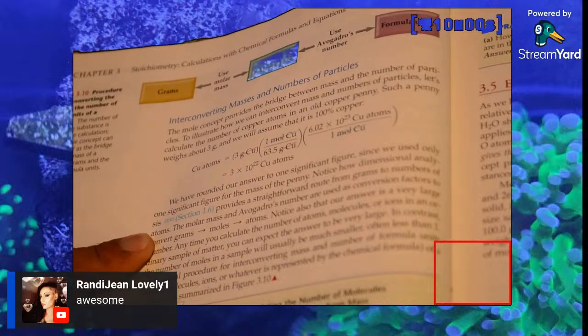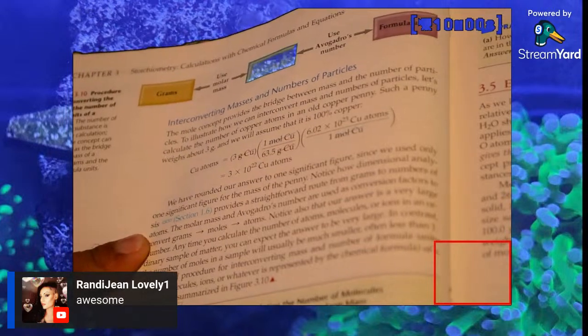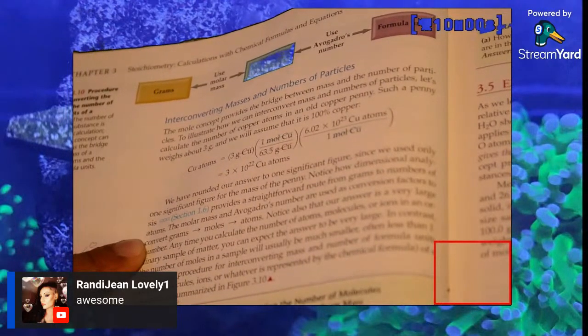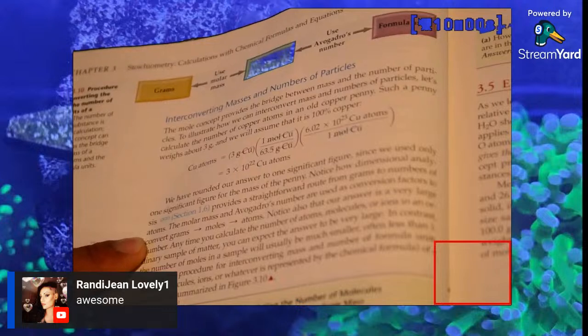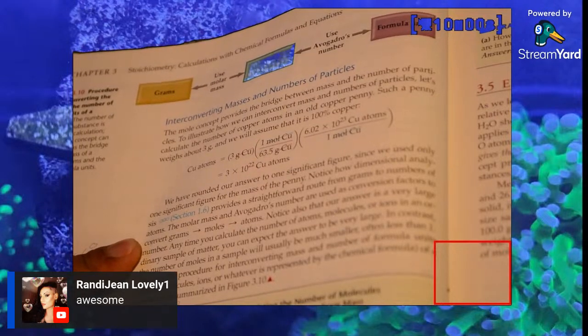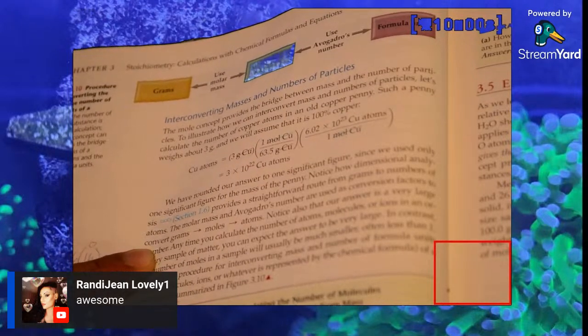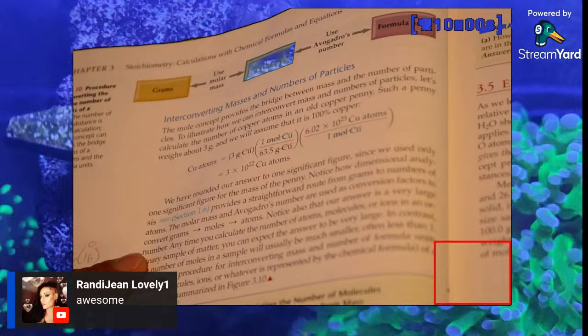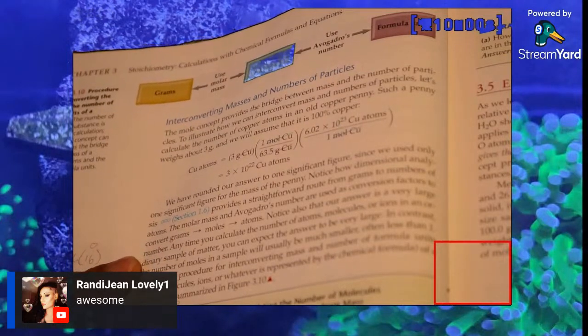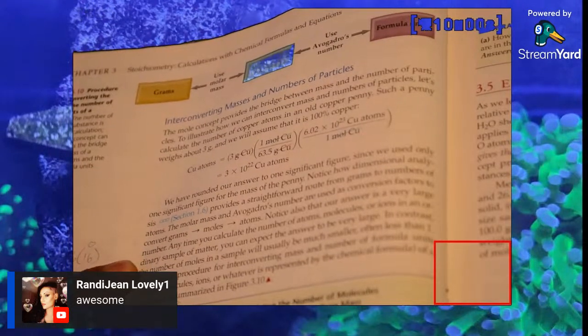Notice how dimensional analysis provides a straightforward route from grams to numbers of atoms. The molar mass and Avogadro's number are used as conversion factors to convert grams to moles to atoms. Notice also that our answer is very large.